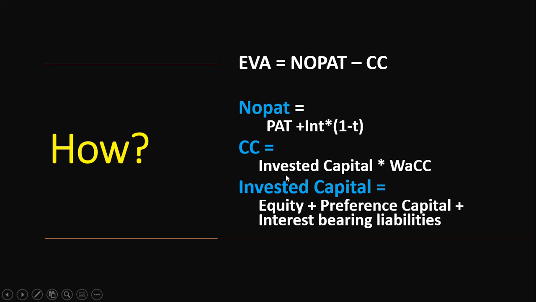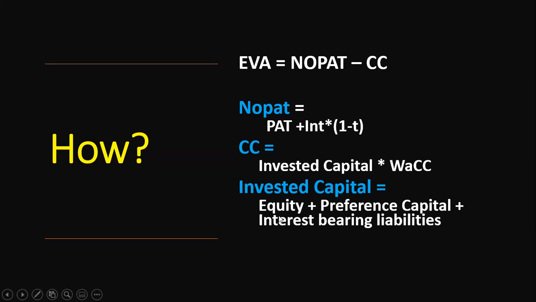It may not be a bad idea to understand this invested capital. Is it the same as the capital employed that we calculate in return on capital employed? To some extent, yes, but the invested capital actually recognizes all interest-bearing liabilities without making any distinction between current liabilities and non-current liabilities.